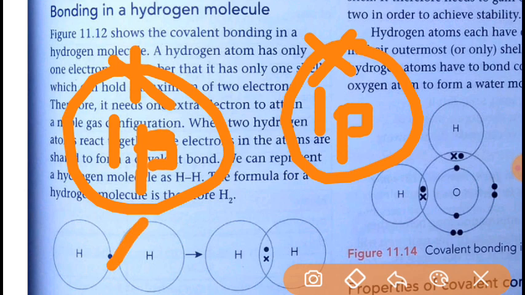Let's call my first hydrogen A, and my second hydrogen B. So A is going to give B an electron, so that B will have two electrons.